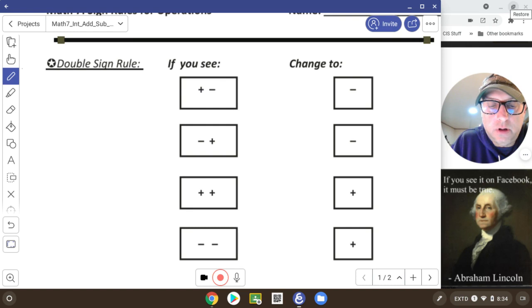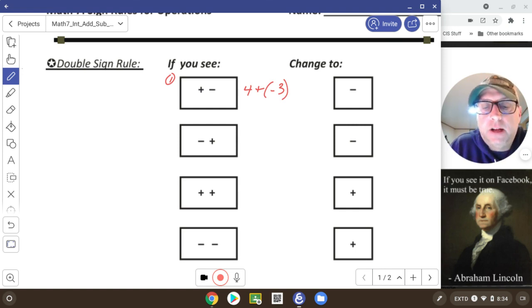So case number one. If you see this, it will look something like 4 plus negative 3. Plus minus, and again, the negative symbol will generally be in parentheses, like in my example.